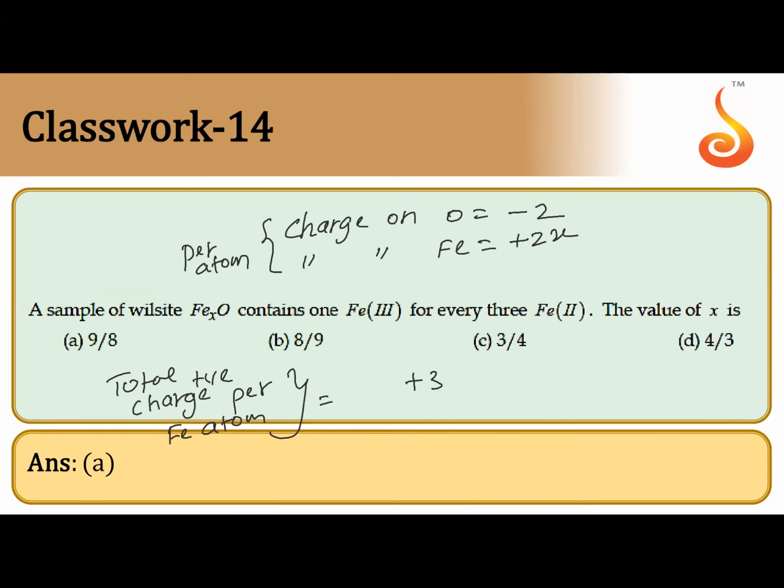Out of 1 Fe3 plus and 3 Fe2 plus, the total is 4. Out of 4, 1 Fe3 plus will be there.